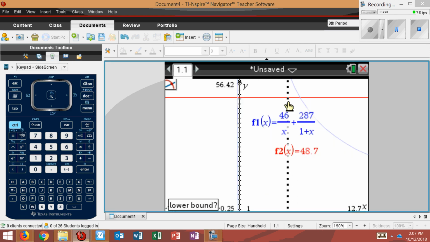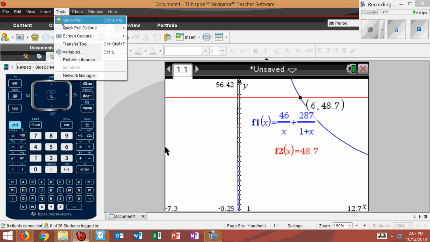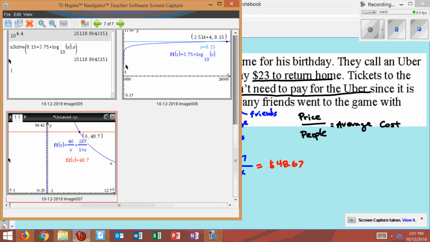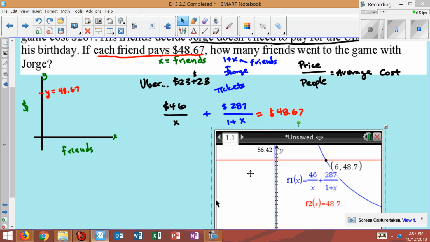So I do an intersection over here, and I find out that x is 6 and the y is 48.67. Which variable was the friends? The friends were the x's, so it is 6 friends that go with him for his birthday. 6 friends would be the answer for this one.